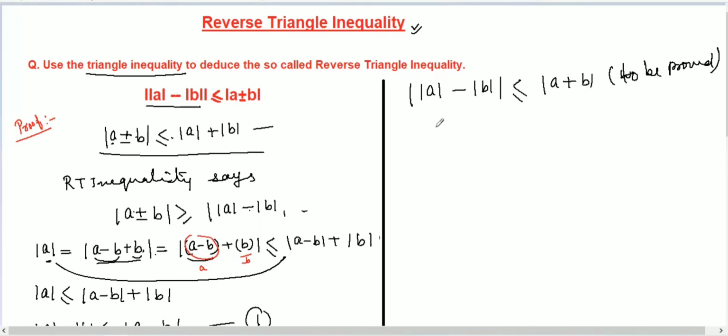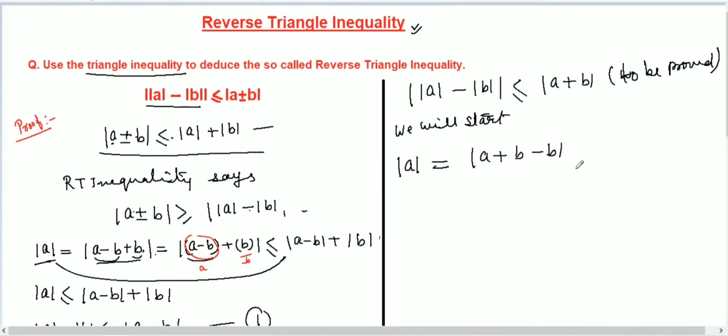We started by taking the absolute value of A. Same way we will start: absolute value of A equal to, what we did here, absolute value of A minus B plus B. This time we will take absolute value of A plus B minus B.